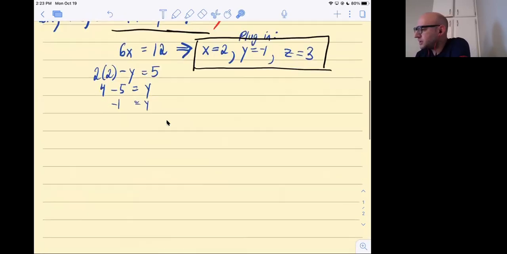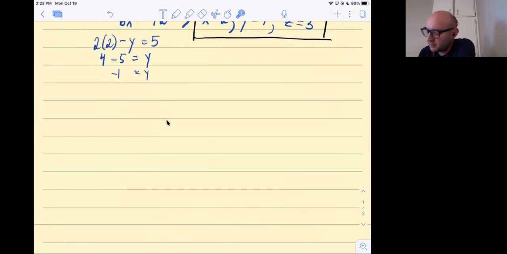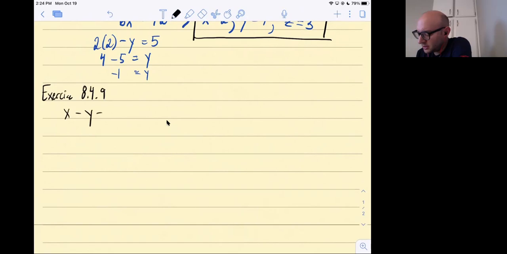Let's try one together. Let's try number 9 from the book, page 537. So this is 8.4 example, this is exercise 8.4.9. Let's see. And so we have x minus y minus z equals 0.